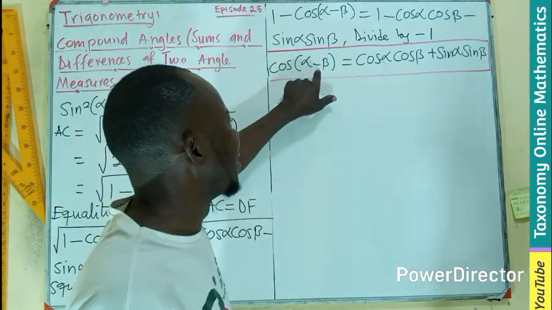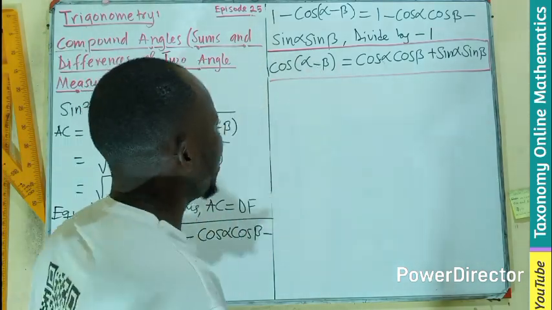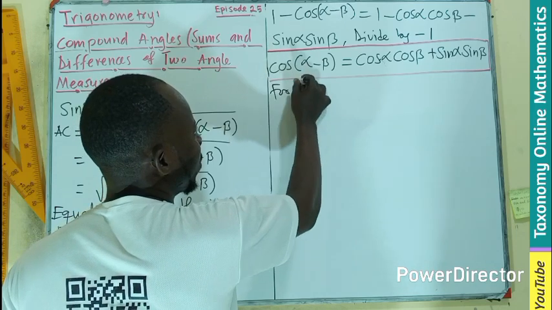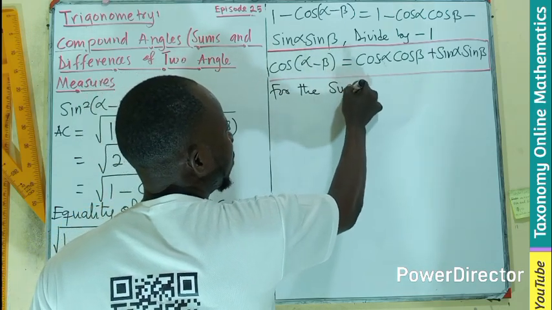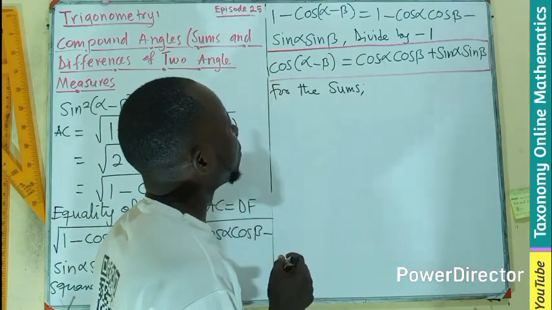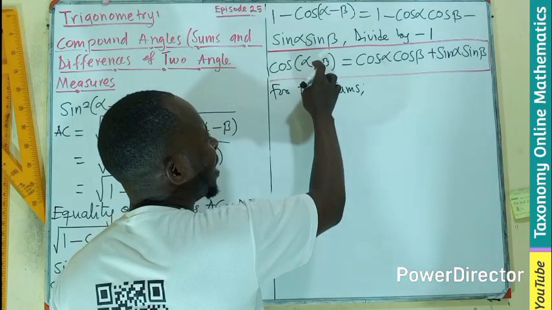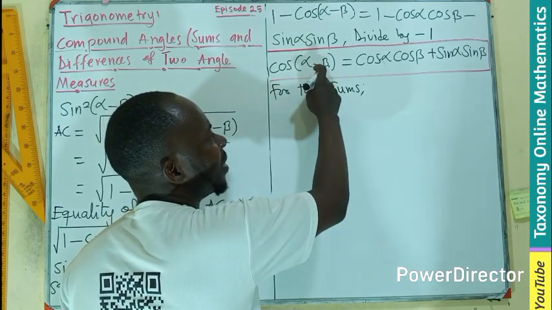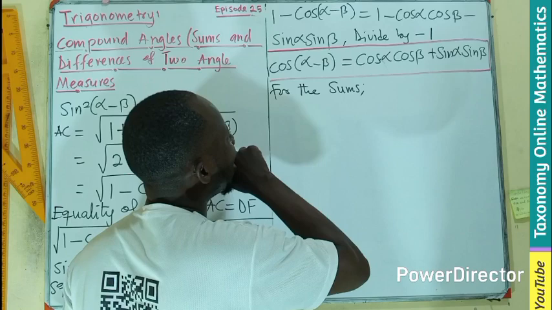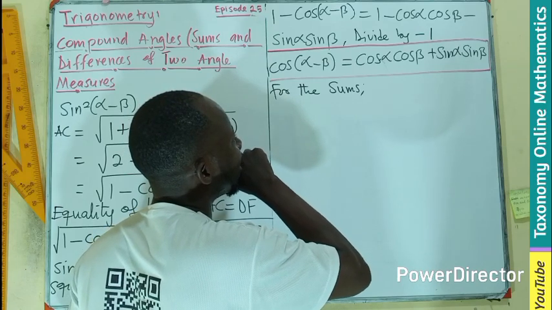Then how about the sum? We can also say that for the sum, what do we do? We can say this is negative, negative. If I put negative, negative, that will be plus, right?